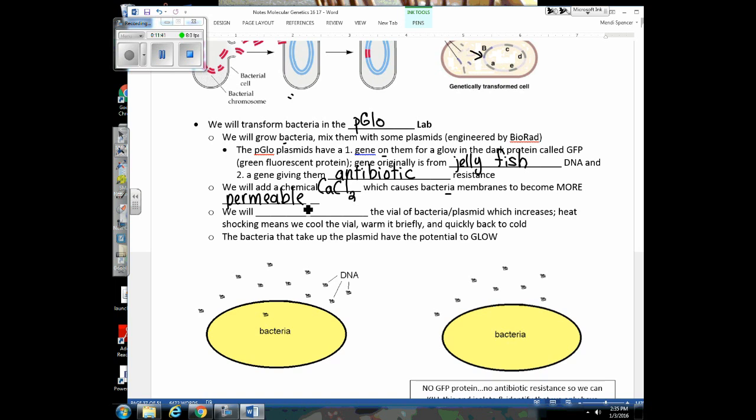And then we're also going to use a method called heat shock. We're going to heat shock this vial of bacteria and plasmids, and that's going to increase the chances that they're going to take up this extracellular plasmid that was generated by Bio-Rad.